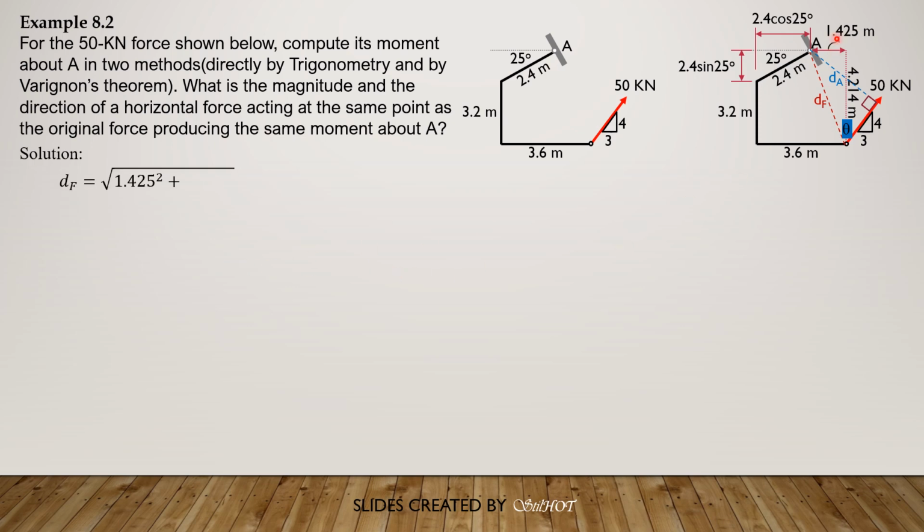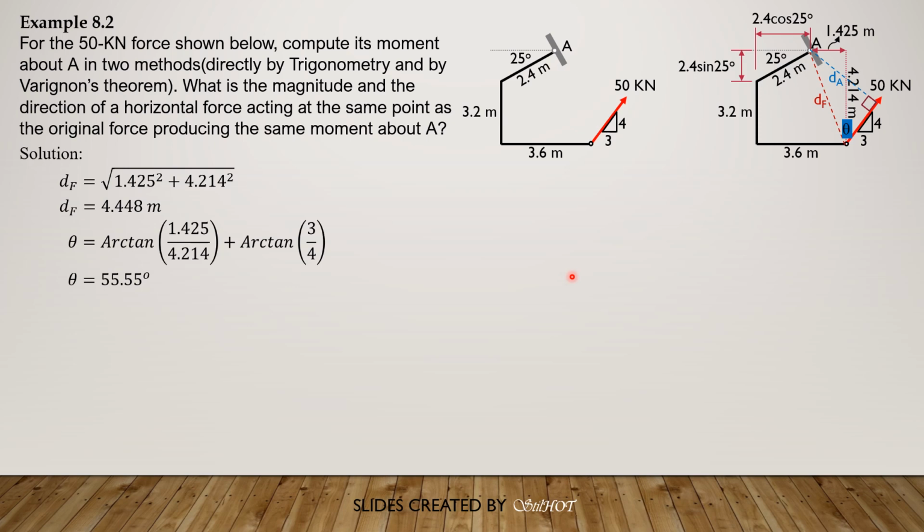Distance d sub F is the square root of 1.425 squared plus 4.214 squared. So distance d sub F is 4.448 meters. Then theta is arctan of 1.425 over 4.214 plus arctan of 3 over 4. So take note that this angle is equal to that angle also. So theta is 55.55 degrees.